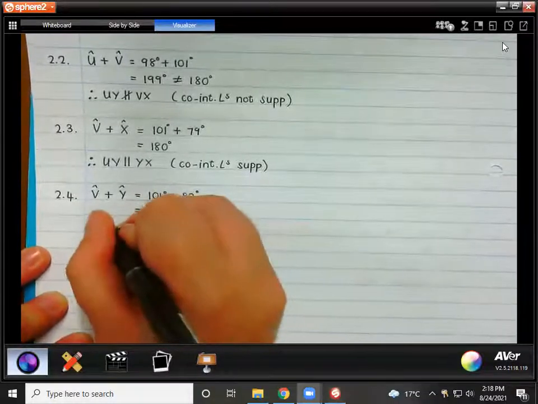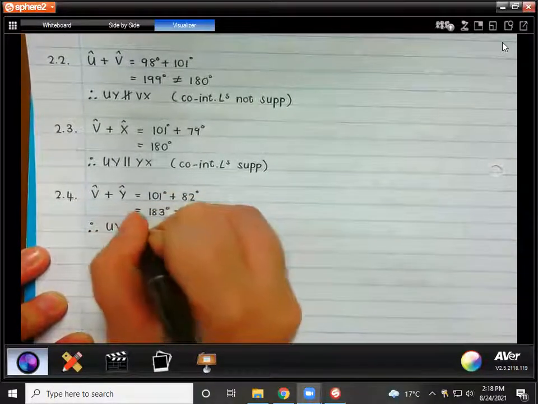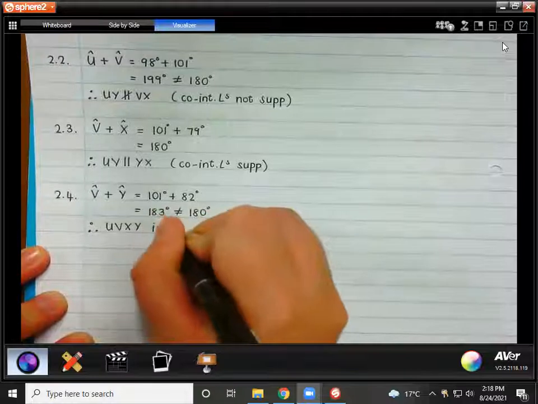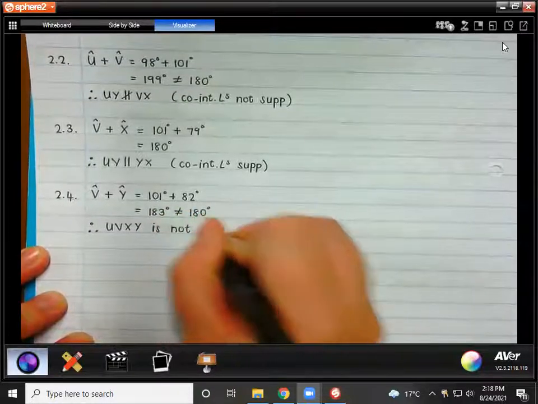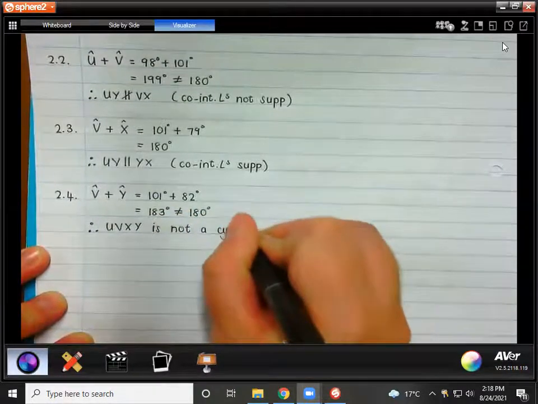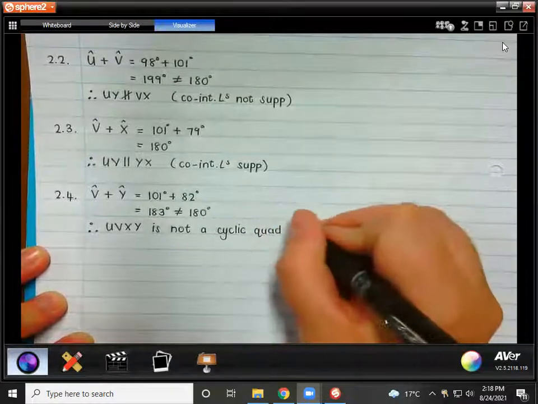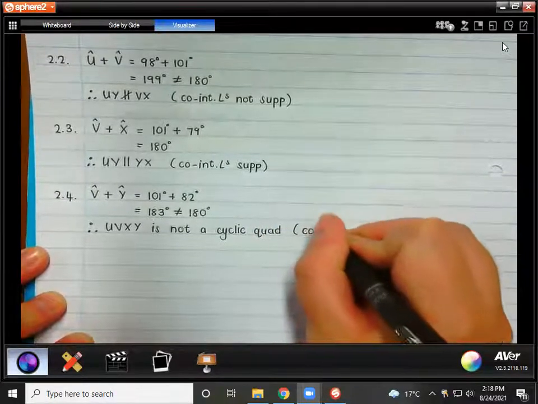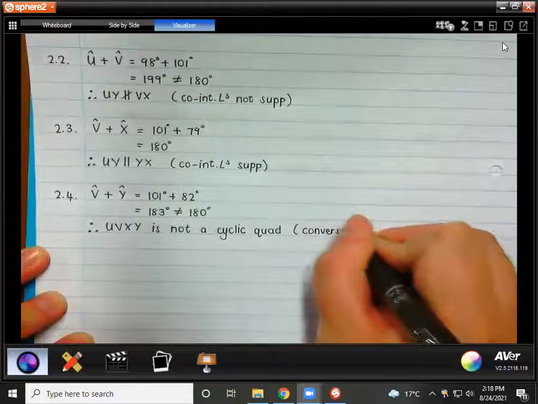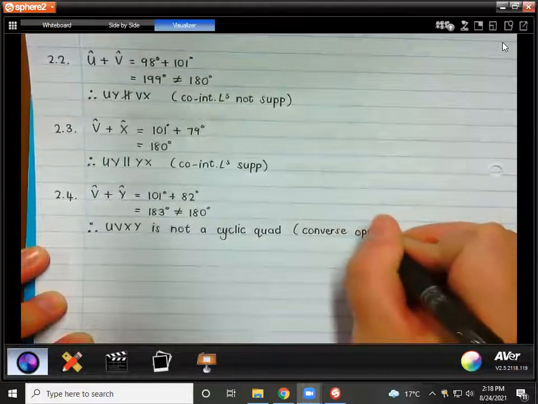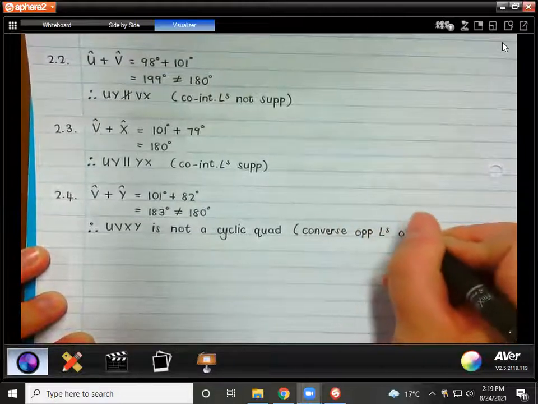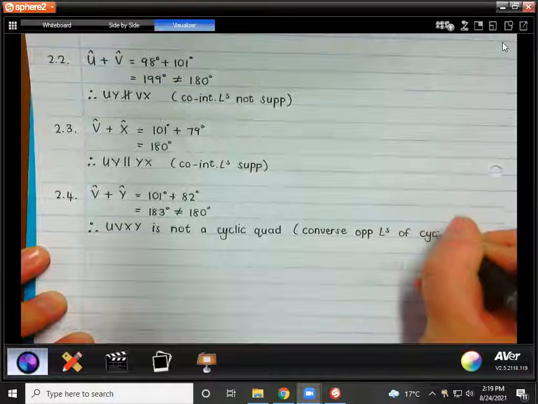Therefore, UVXY is not a cyclic quad. And the reason would be converse of opposite angles of cyclic quad.